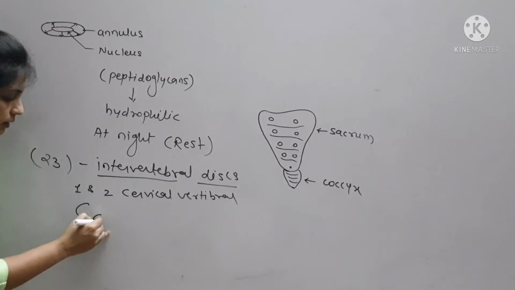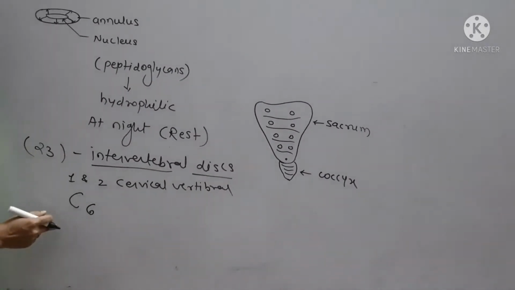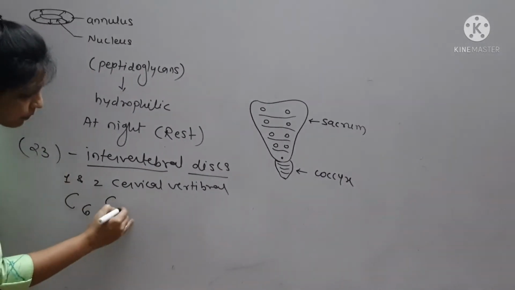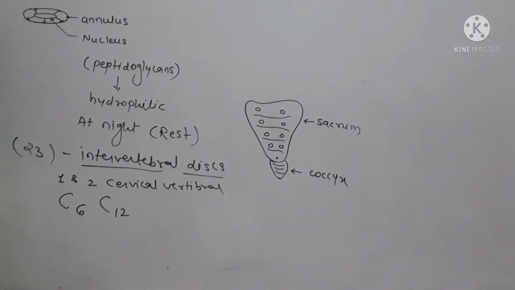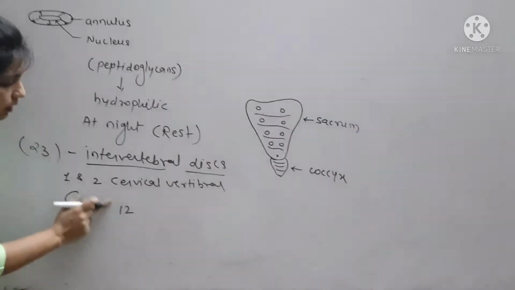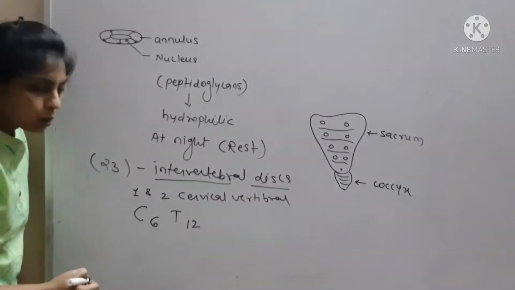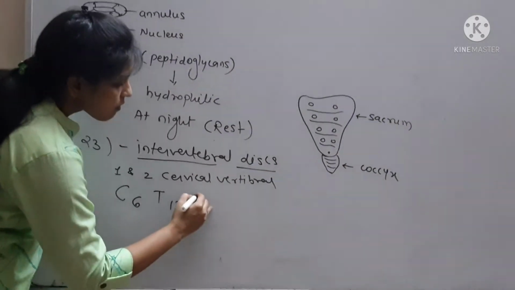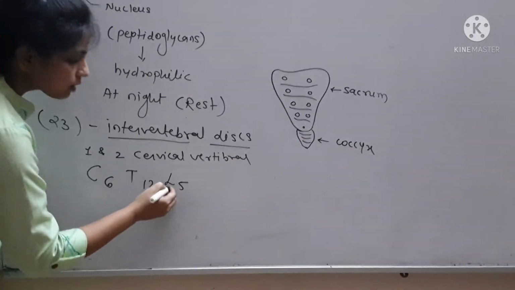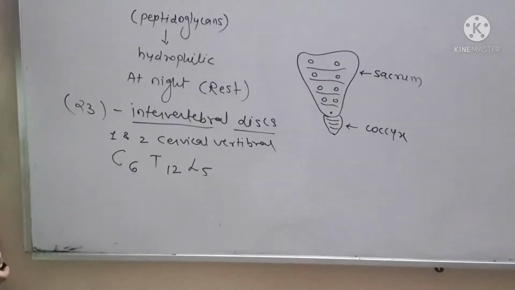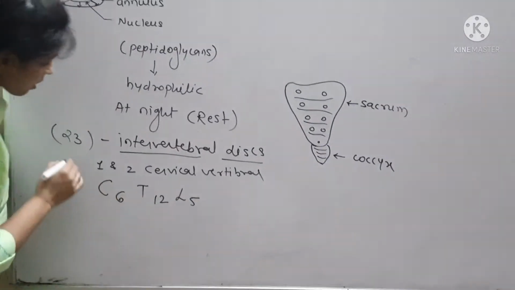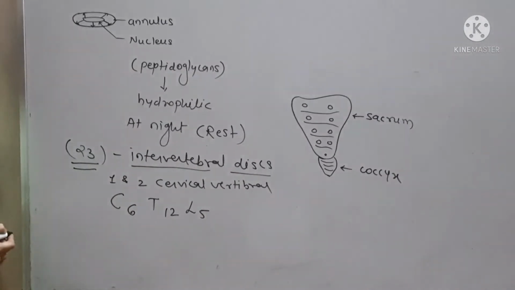So there are 6 intervertebral discs in the cervical region. There are 12 intervertebral discs in between the thoracic vertebrae. There are 5 intervertebral discs in between the lumbar vertebrae. So altogether they are 23 in number.